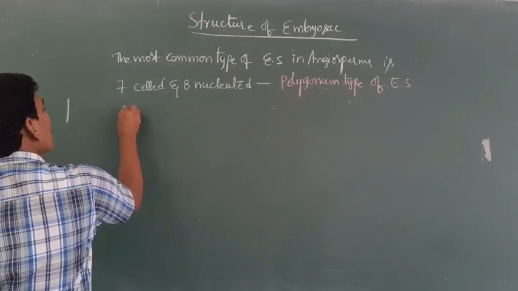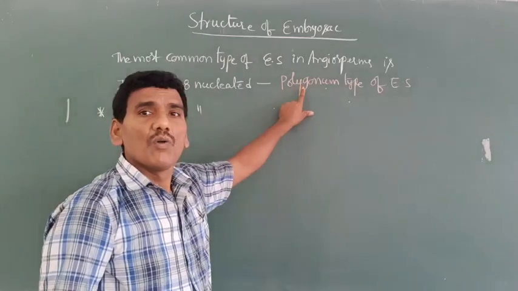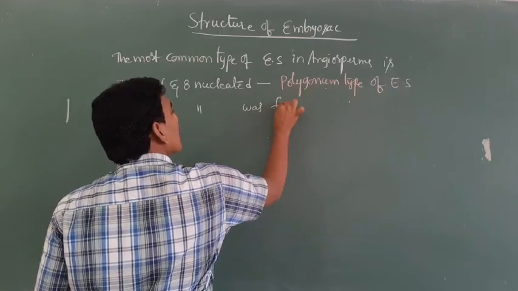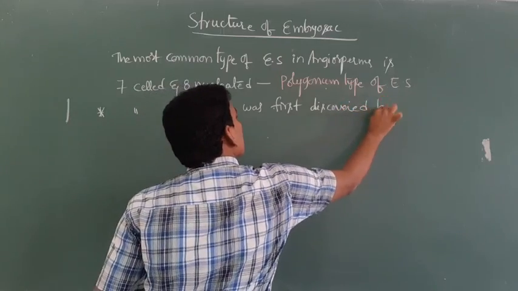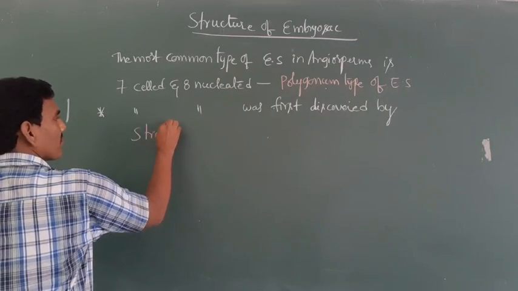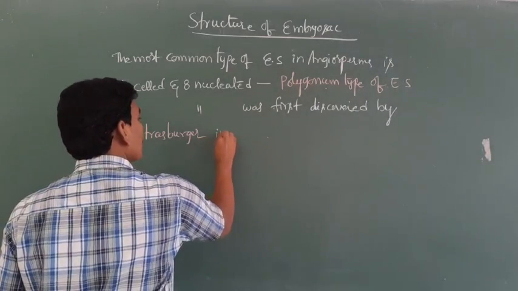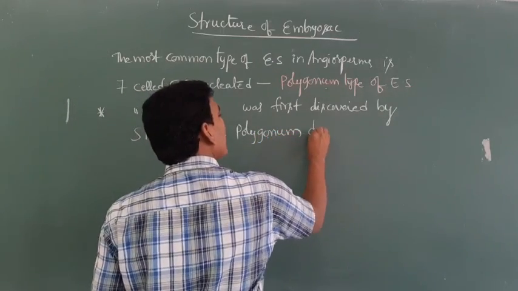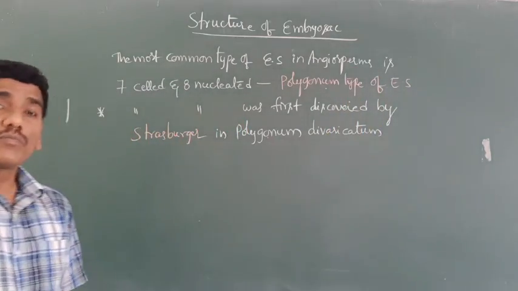The seven-celled and 8 nucleated embryo sac, or polygonal type of embryo sac, was first discovered by Strasburger in Polygonum divaricatum.